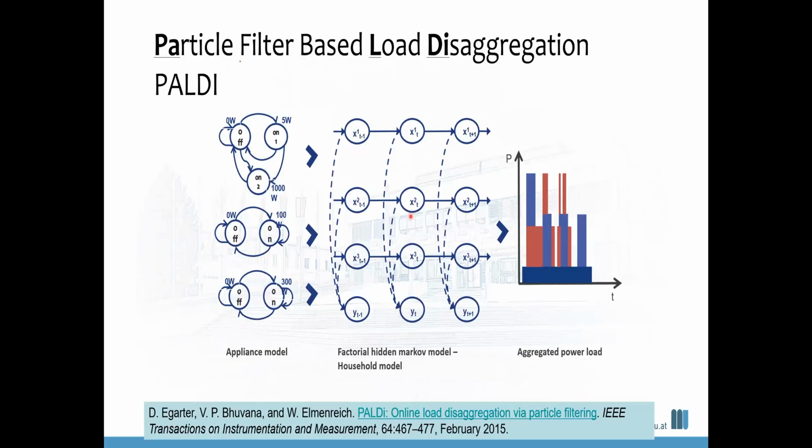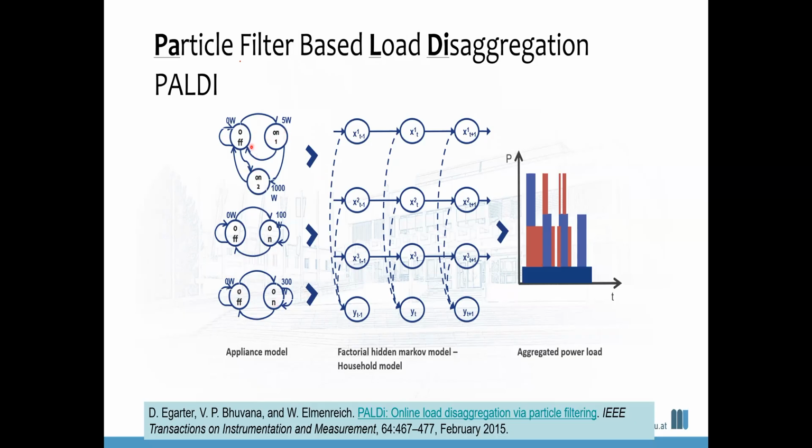Basically, we would define a Markov process for one device. Let's start with one of those two here because they have just an on and an off state. We have a certain probability to stay in the current state or to switch the device off, and a certain probability to be off or to go to the on state.